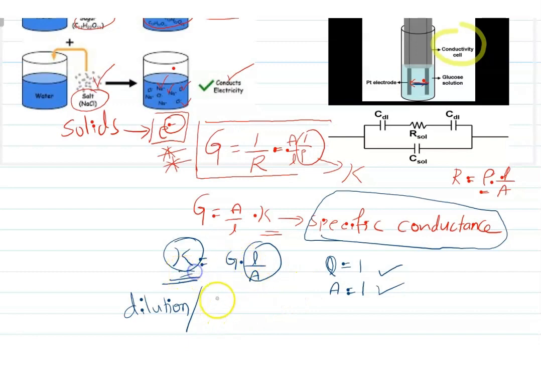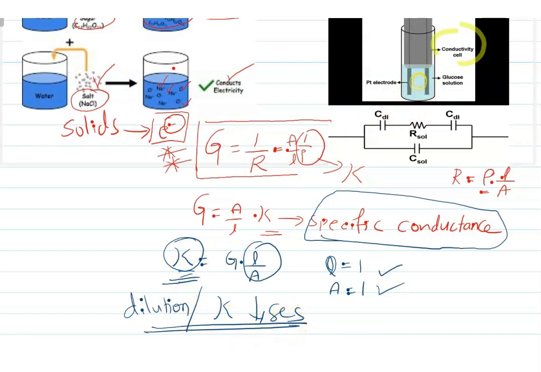The number of ions present between the two electrodes decreases, because as the volume increases, the ions move away from each other. We know that conductivity is due to movement of ions. When the ions are fewer, the conductance also becomes less. So specific conductance decreases due to dilution.